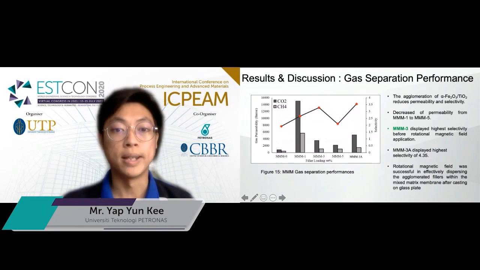But we know that MMM3 has the highest selectivity before rotational magnetic field application. After we use this sample and subject it under the influence of rotational magnetic field, the selectivity increased again up to 4.35. So we can say that the rotational magnetic field was successful in effectively improving the dispersion of the agglomerated fillers within the mixed matrix membrane after casting on the glass plate.